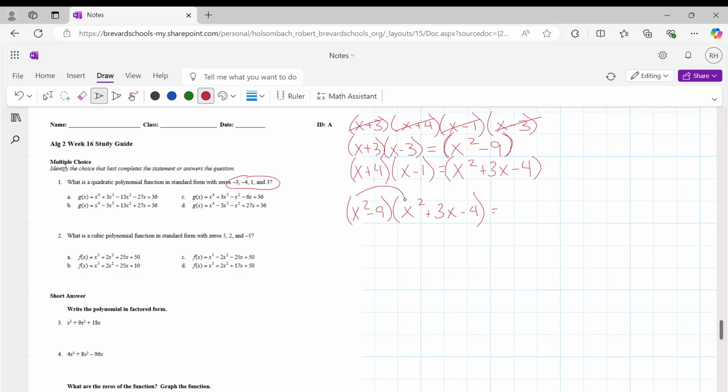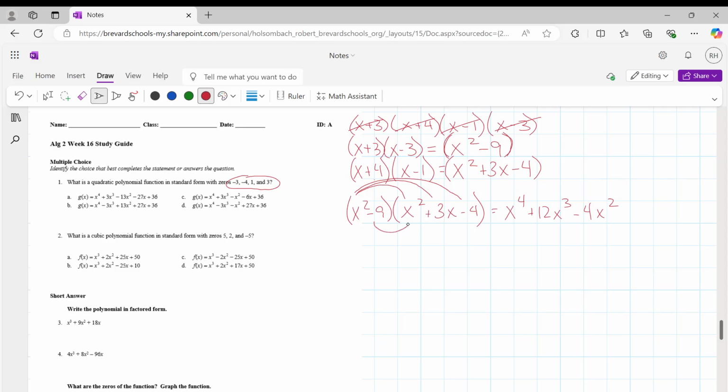So x squared times x squared is x to the 4th. X squared times 3x is positive 3x to the 3rd. And x squared times negative 4 is negative 4x squared. Then we have to take the negative 9 and multiply it by everything in the right side.